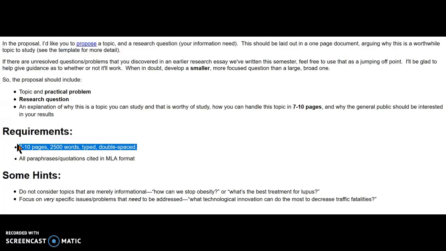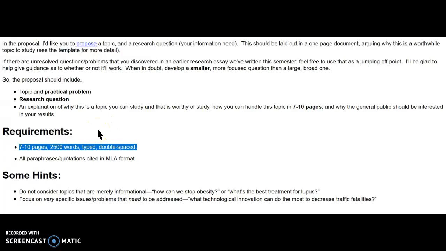Well, there's 50,000 different kinds of cancer, lots of different causes for those. You cannot write a coherent research paper in 7 to 10 pages that answers that question, okay? But you can focus on something very specific, and if you're focused enough, there's going to be enough detail to write about that 7 to 10 pages won't be a problem at all, okay?